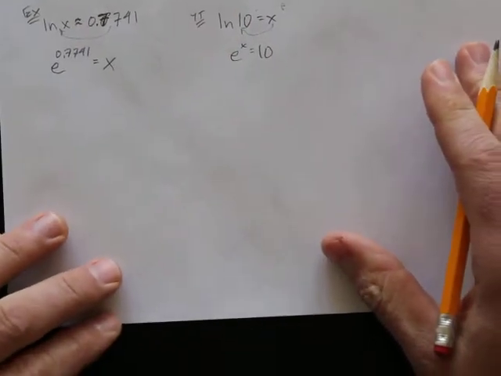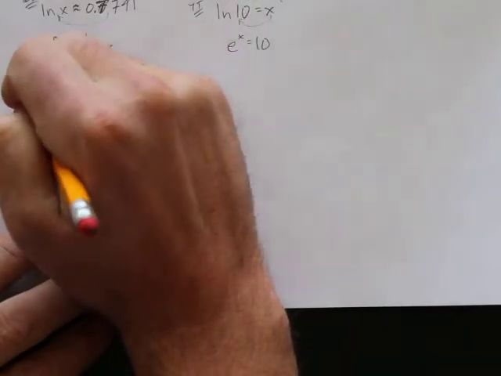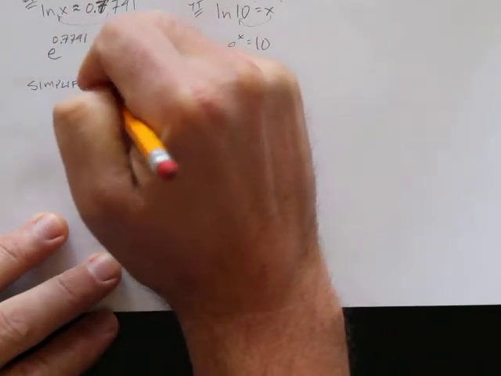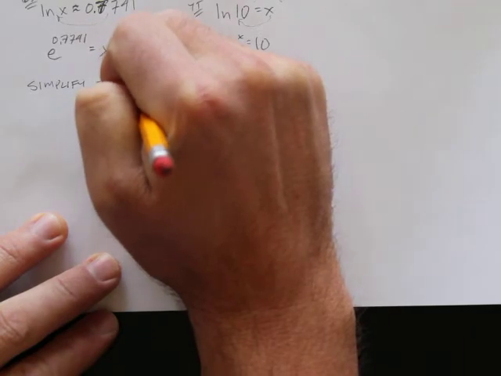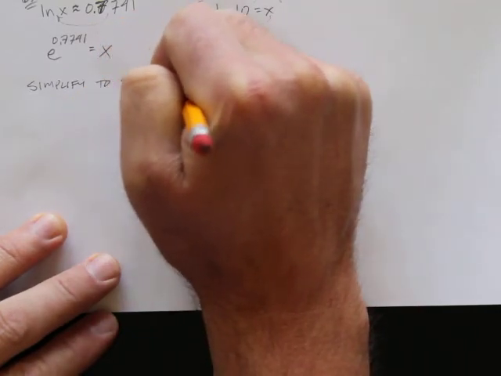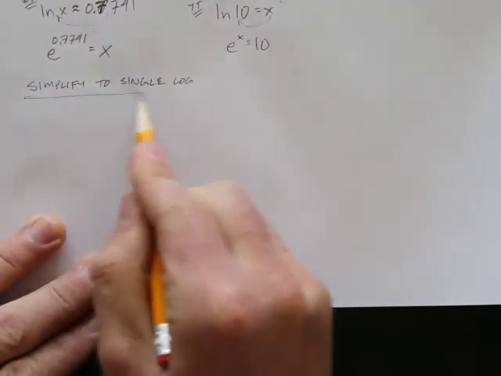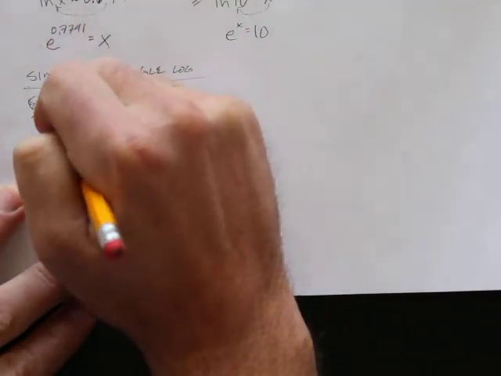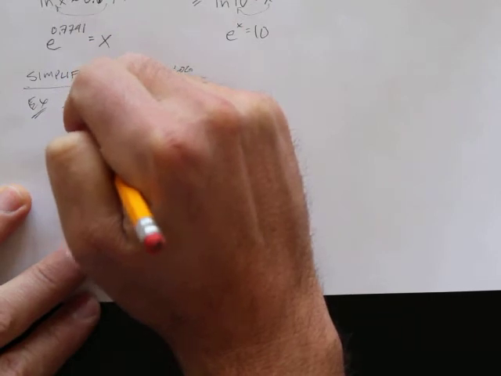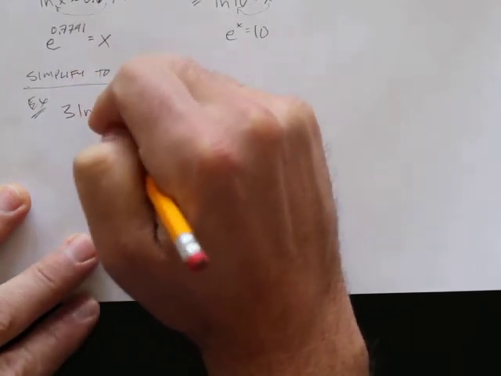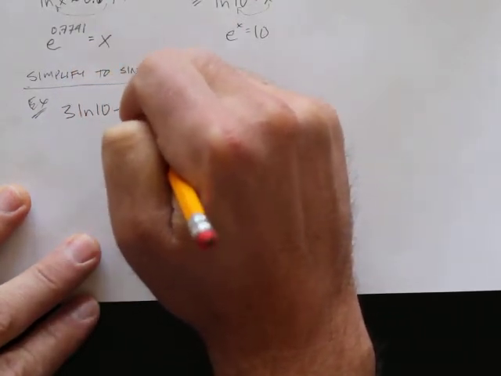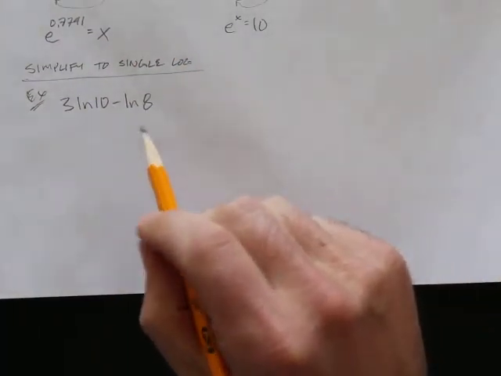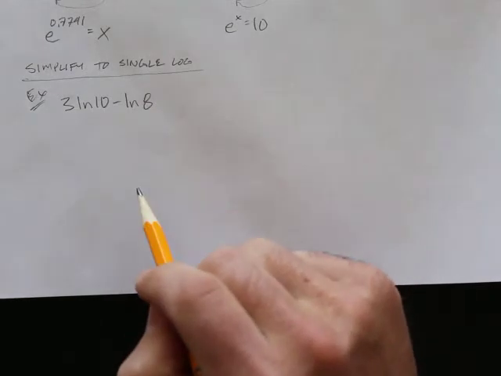Okay, now we're going to do a little more work to these. We're going to simplify to a single log. Here's our example. I've got 3 natural log of 10 minus natural log of 8, and I want to simplify this to a single log.